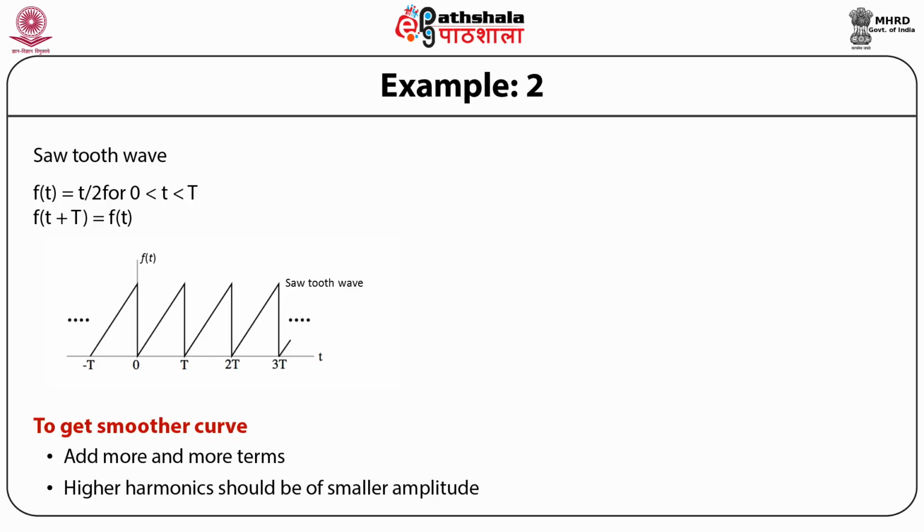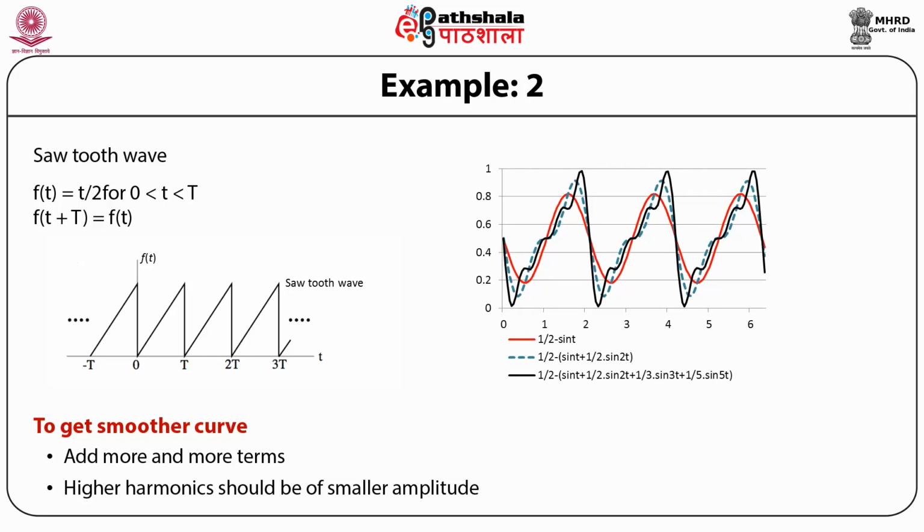Now go to the next term, the blue broken line, 1 by 2 minus sin t plus 1 by 2 sin 2t. Again, you always see the weightage is 1 by the constant times what you are multiplying, sine of the same constant times t. This is a very usual practice, and maybe you can follow it.